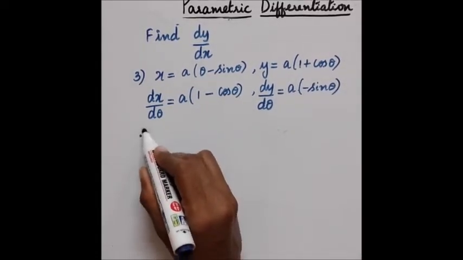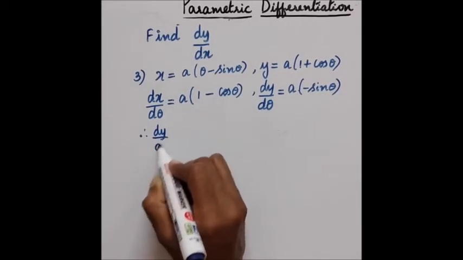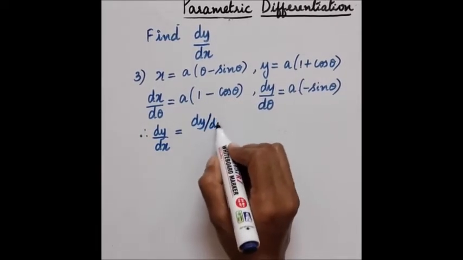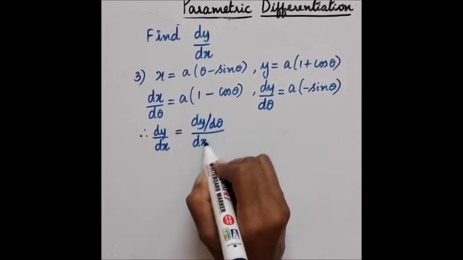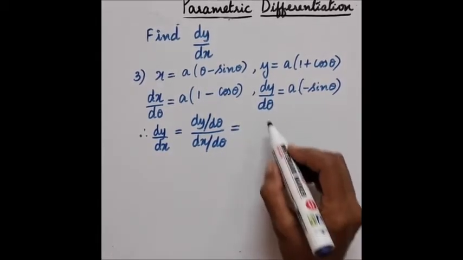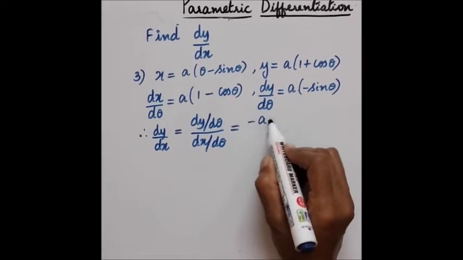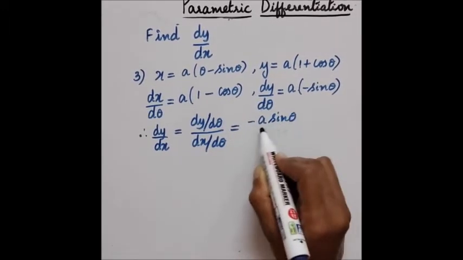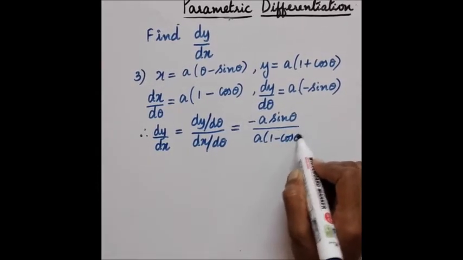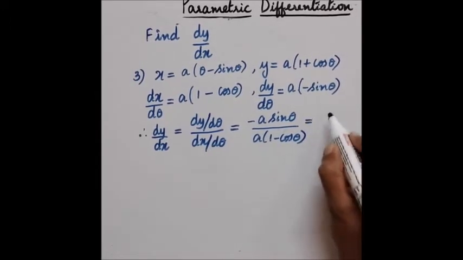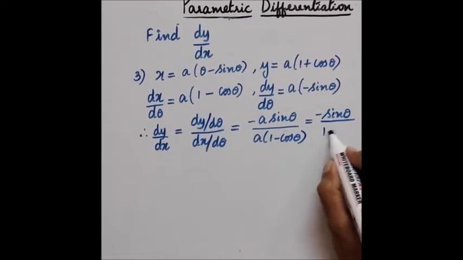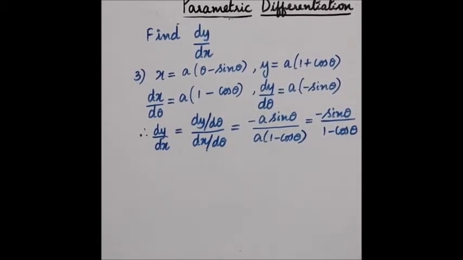So now dy by dx, which is defined as dy by d theta divided by dx by d theta, is equal to minus a sine theta divided by a into 1 minus cos theta, which is equal to minus sine theta divided by 1 minus cos theta.